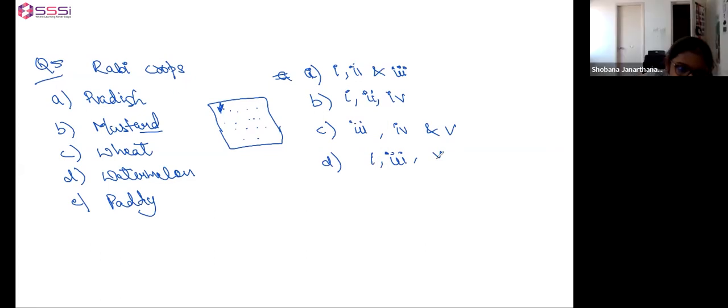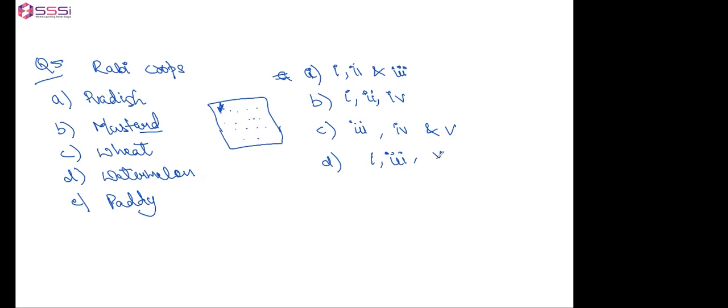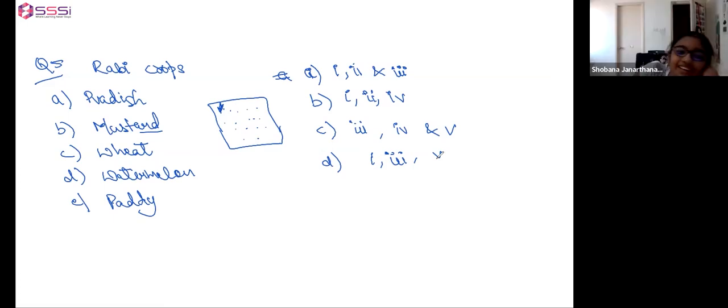The A one is radish. So, ma'am, I got actually B, C, and D. Why D?